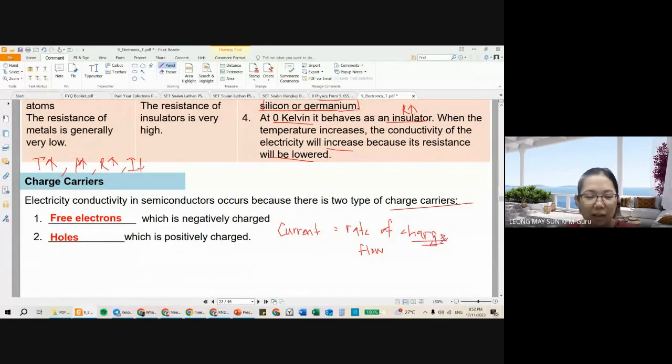But if you recall, it wasn't specified whether that charge is a positive charge or a negative charge. The main reason is they don't really bother whether it's positive charge that's flowing or negative charge that's flowing.